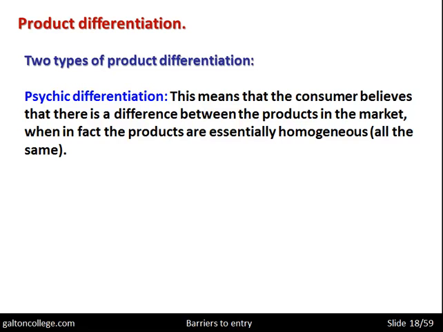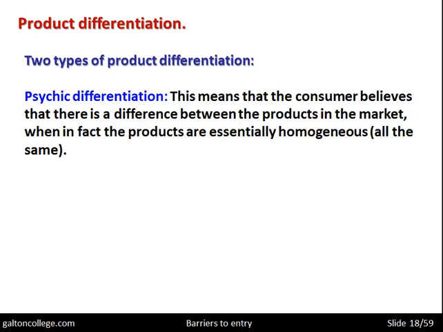And that may be because of ignorance on the part of the consumers, who don't know what the various prices are, or laziness, they don't want to simply change, or they believe that some companies are producing a better service and are more reliable. There's a psychic differentiation. They believe that certain companies are very good, when in fact they're producing exactly the same product or selling the same product as other suppliers.